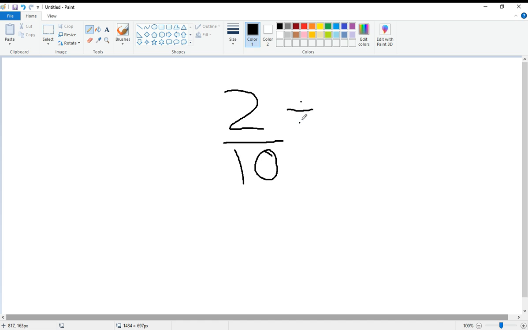So if we divide 2 by 2 and we divide 10 by 2, I know 2 divided by 2 is 1. I know 10 divided by 2 is 5. So 2/10 is the same as 1/5. Let's go ahead and get rid of all that.